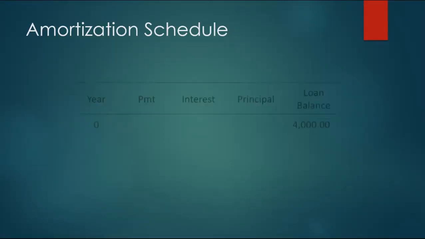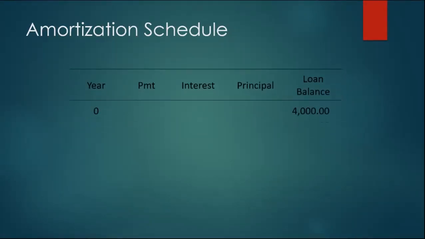In order to make the amortization schedule, we need 5 columns. The first column is year, second PMT, third is interest, fourth is principal, and the fifth column is the loan balance.